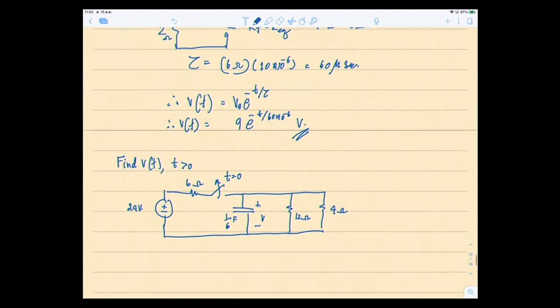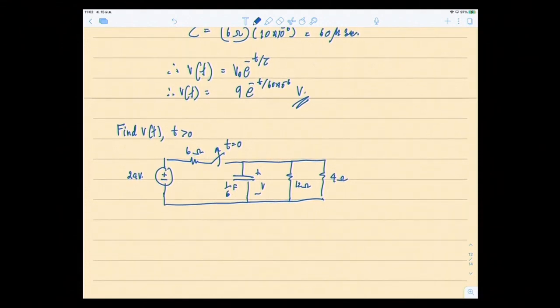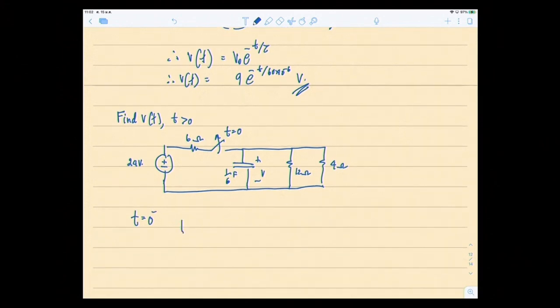It would be nice if by now you know what to do. What was my procedure? The first thing is to find the voltage across the capacitor before the switch changes. So draw t equal to 0 minus. Please draw it. The switch was closed, so by now you can assume the capacitor acts like an open circuit.